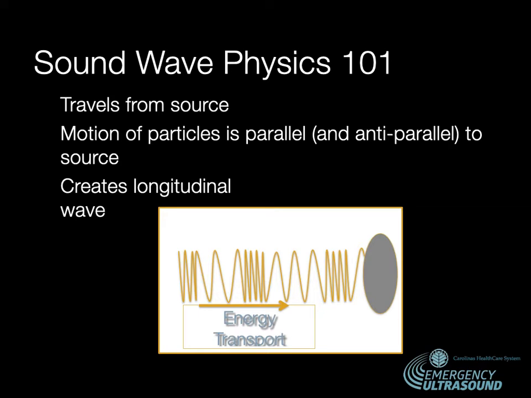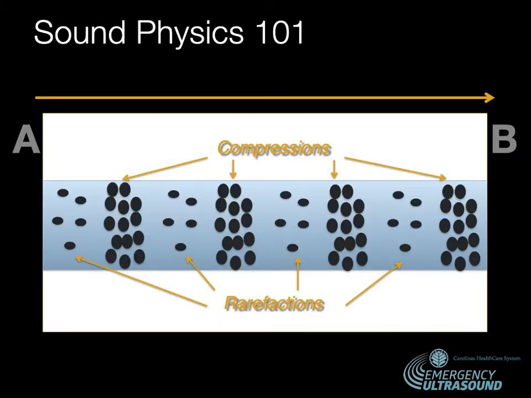The motion of the particles is parallel and anti-parallel. So we can see here that a longitudinal wave motion is composed of areas called compressions and rarefactions. Please note that the compressions are the high pressure areas as the particles all get crunched together, and the rarefactions are the low pressure areas where the particles are spread far apart. It's almost like a slinky if you think about how a slinky moves.